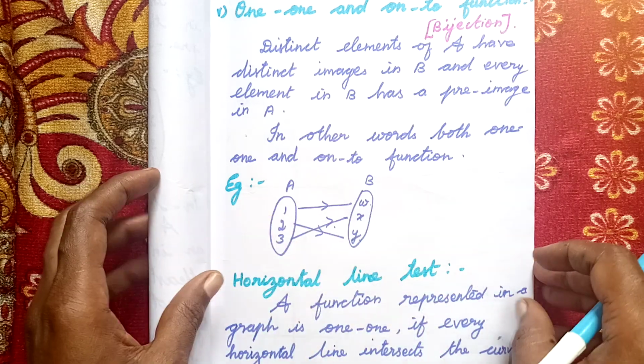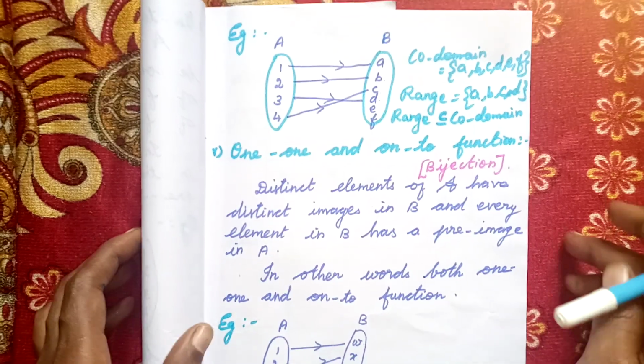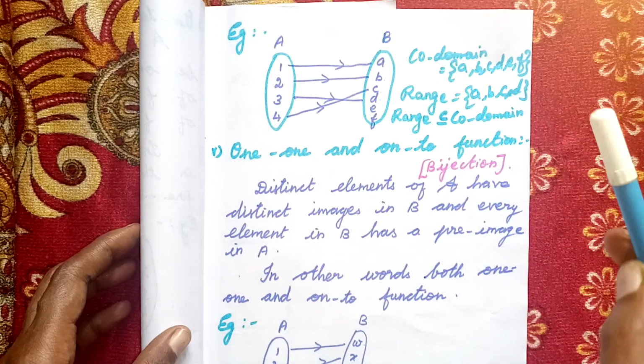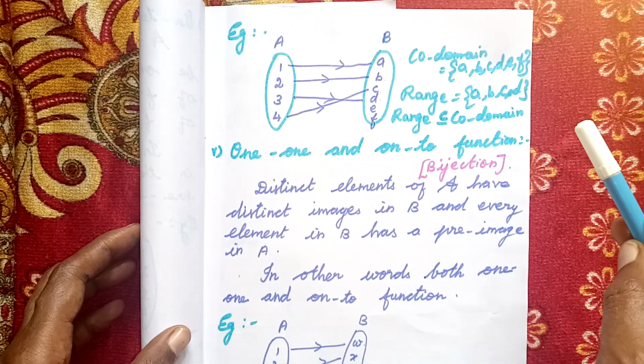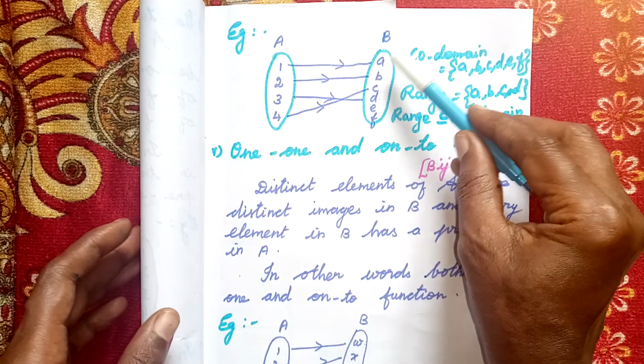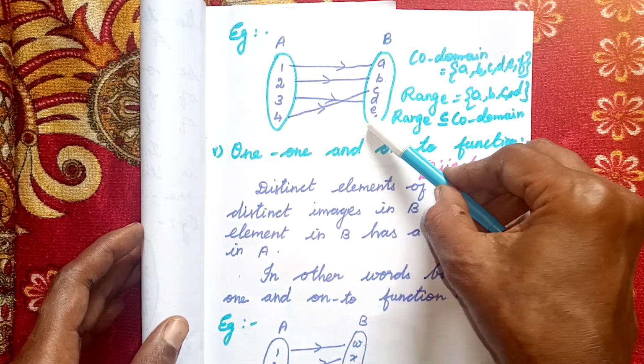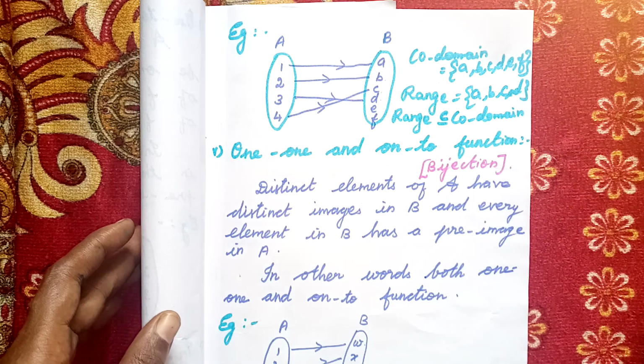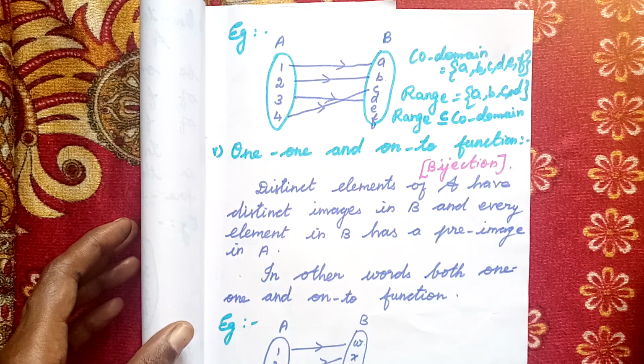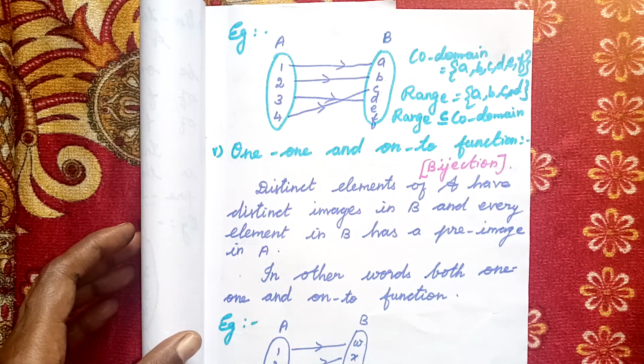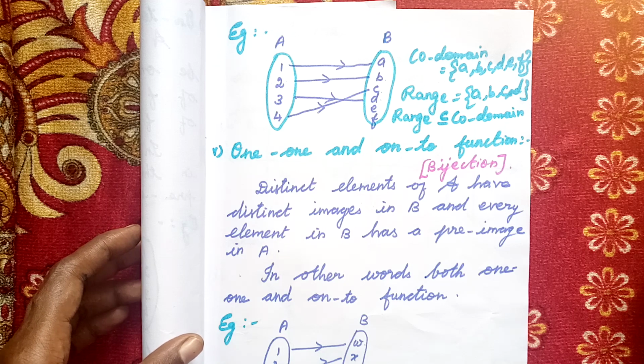Range is equal to the codomain means an onto function. Range is a subset of the codomain means which function? Into function. Clear, students?